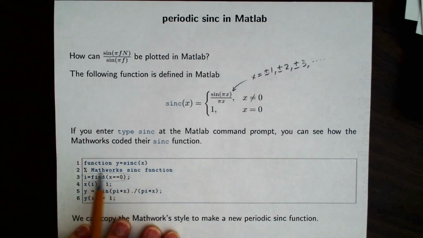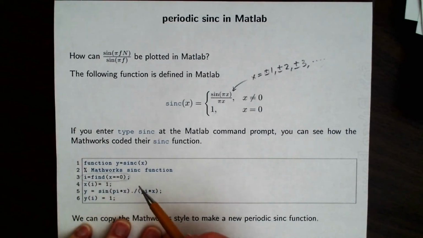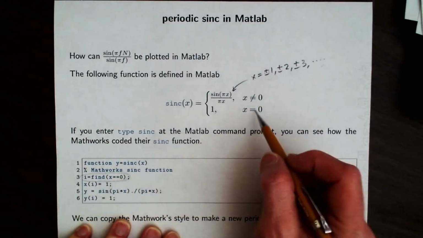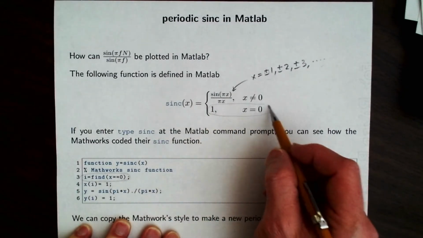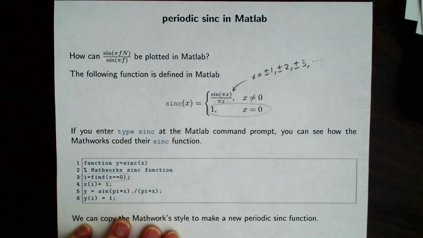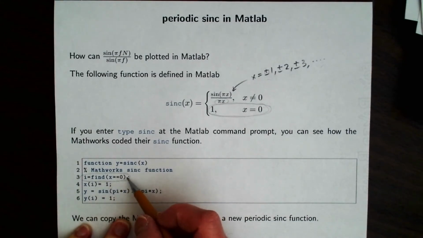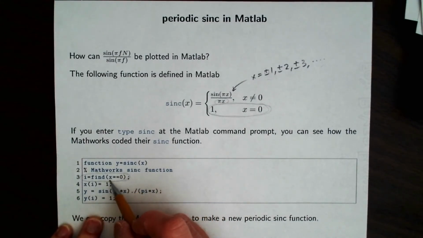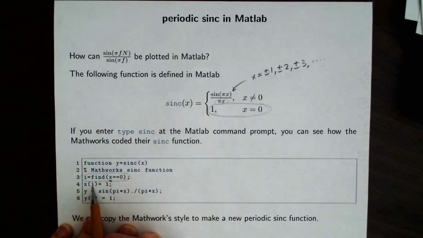They scan the input and look for any points where x is equal to 0, because that's a special case. We need to avoid dividing by 0, otherwise MATLAB could throw a warning or do something bad. So to avoid that, we first look for any points where x is equal to 0, and then we set the input at those values.